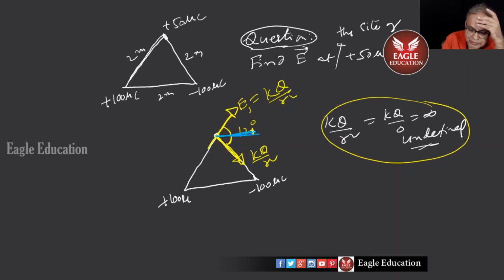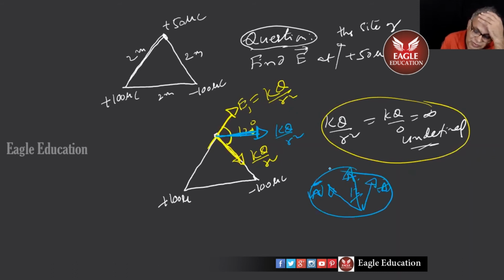Exactly from the middle. And how much is that? Once again, KQ by R square. I told you already, if two vectors of equal magnitude A make an angle of 120, the resultant is also equal to A. We told already.